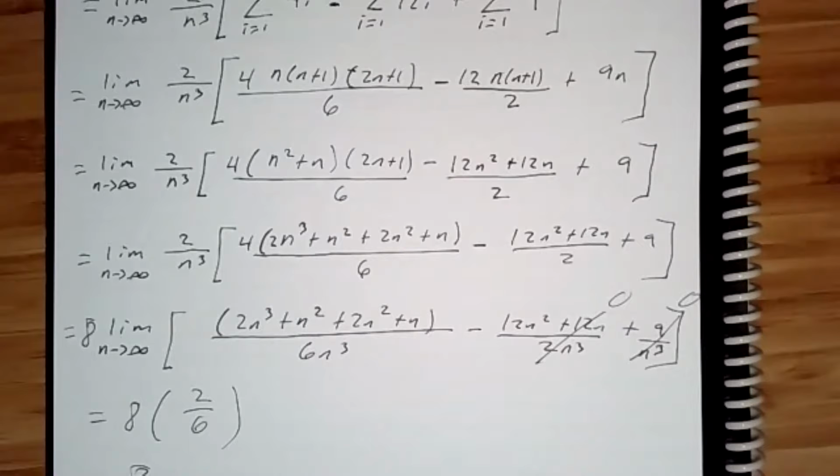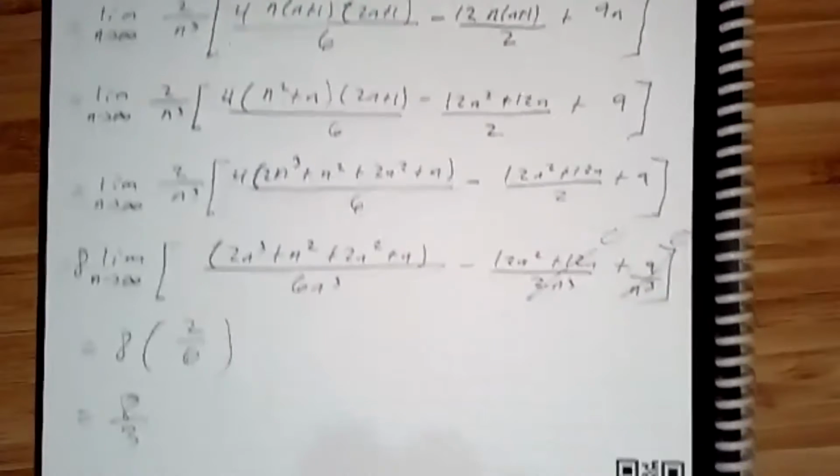I should have multiplied the 8 inside and then done the limit, but I was just tired of writing the same thing 5 times. I figured this was a little better. What is the final answer? 8/3.